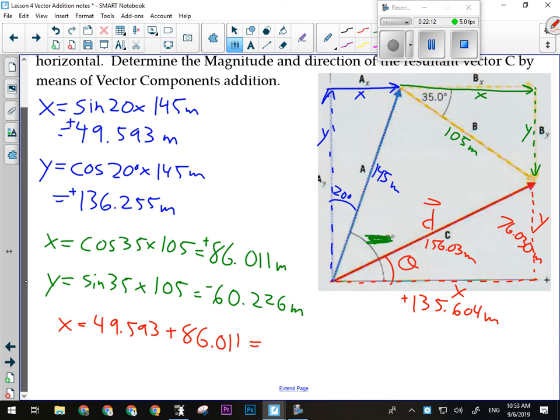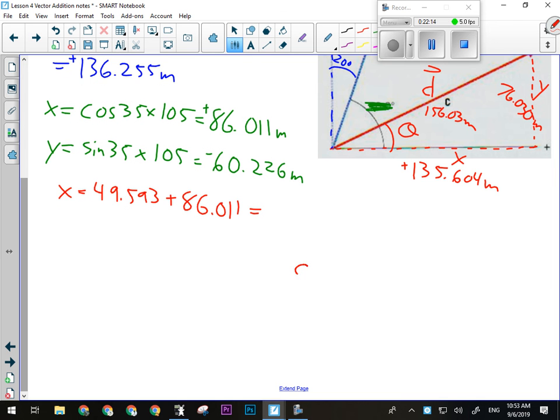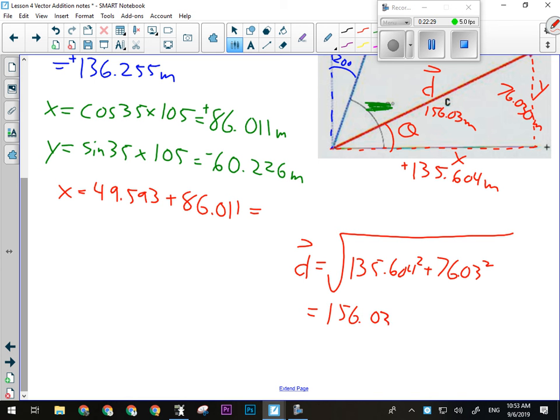What we did there to get D is we took 135.604 squared plus 76.03 squared, added them together and got 156.03 meters. Now we need to find theta.